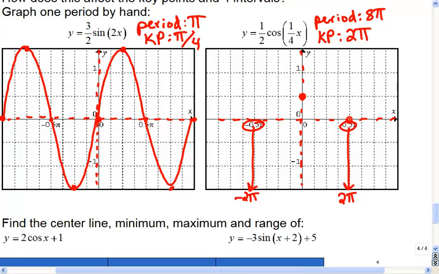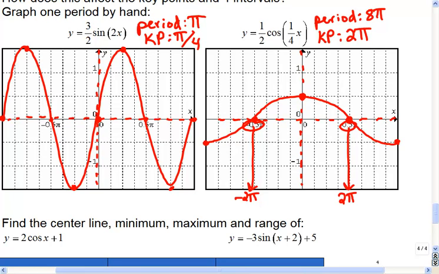Then 2 pi units over before it touches the minimum. Okay. So this would be that side of the graph. And if I kept going with that pattern, at 2 pi I would be here on the center line and down here at the minimum. Okay. So that would be as much as I can fit into the graph for the scale that I have.